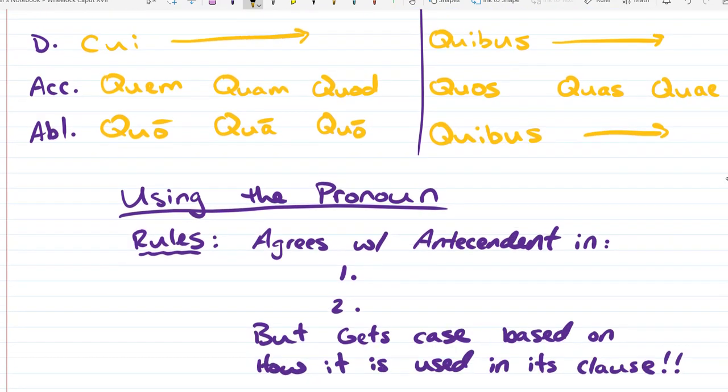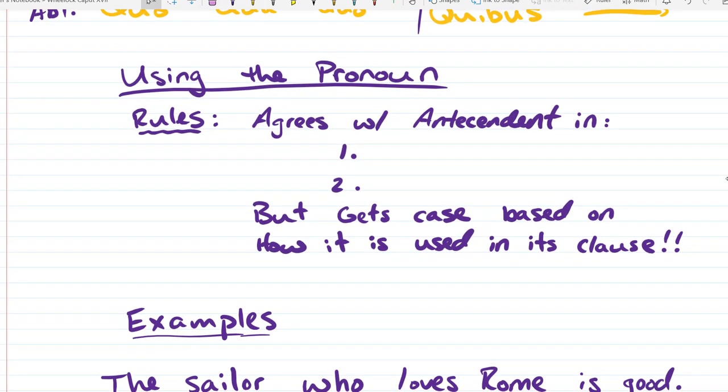Going on to how we use this pronoun, there's really only one thing we need to know here. The rules are that a relative pronoun is going to agree with its antecedent, the word that it's going back to, in two ways. It needs to agree with it in number and in gender.